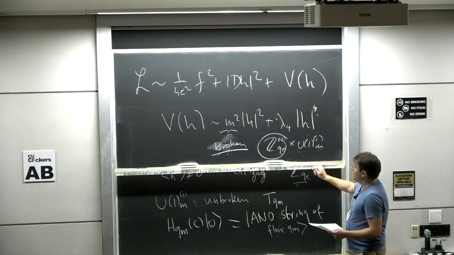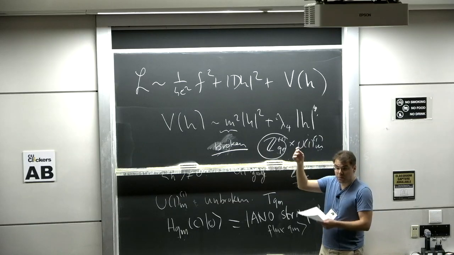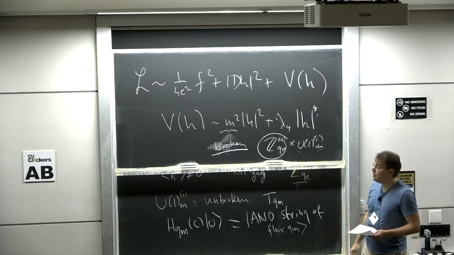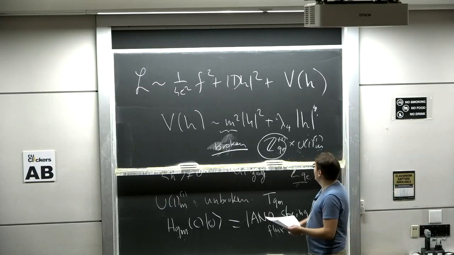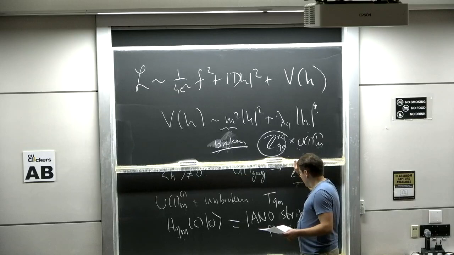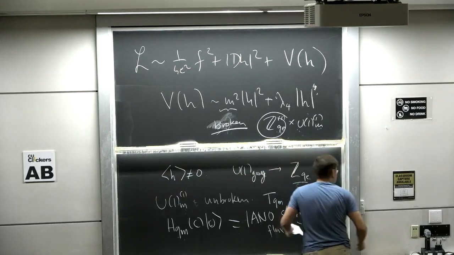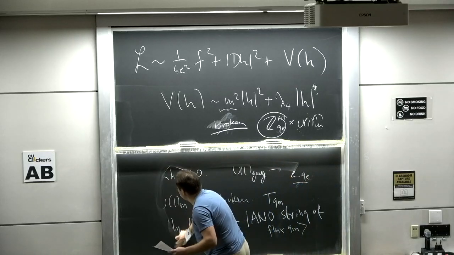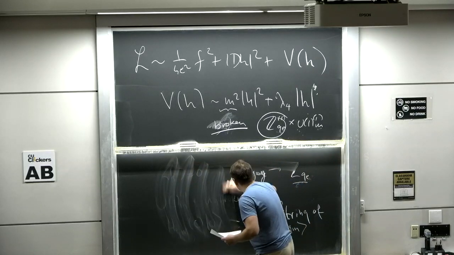And for positive masses, you are back in the same situation, and these symmetries are spontaneously broken. And in the Higgs phase, you encounter the following. Let me switch the labels and say the correct words.